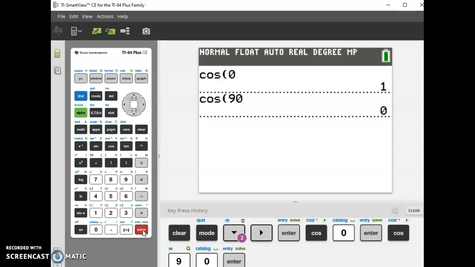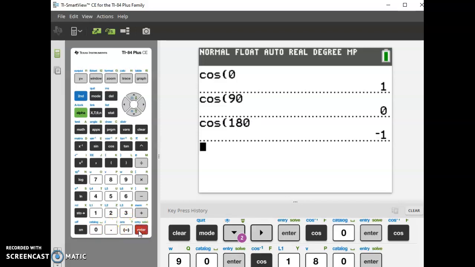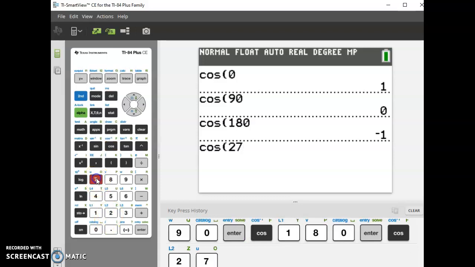Let's go over to the left side of the unit circle and do the cosine of 180. Again, my calculator is in degrees, and I got -1. All right, let's go to the bottom of my unit circle, cosine of 270, and I should get 0. And look at that. Then let's come back to the unit circle to cosine of 360.